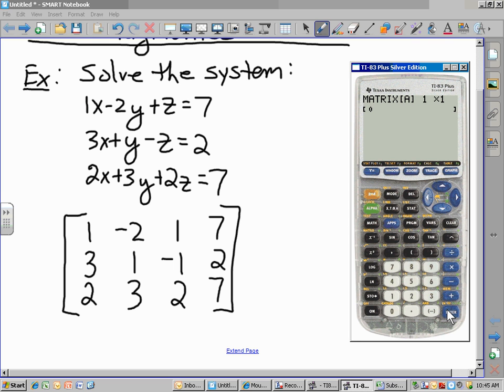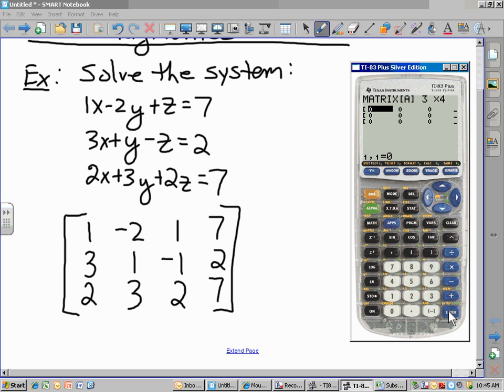Is it a 3 by 4 or a 4 by 3? If you don't remember, just guess. Let's put 3, enter, 4. The first number is how many rows, the horizontal, and the second is the number of columns, the vertical.